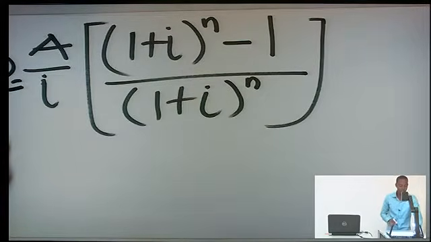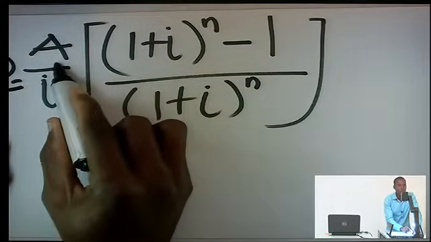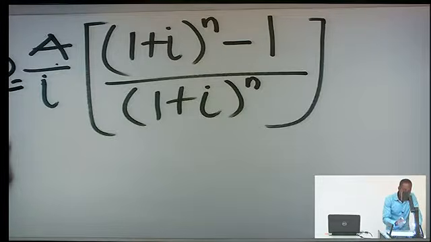Now let's explain this. A is that uniform sum that keeps coming in or going out of your coffers. From the cash flow diagram we had just 5,000 cedis going out throughout. So our A would be that 5,000. Now the I is the interest rate, which obviously you would see.